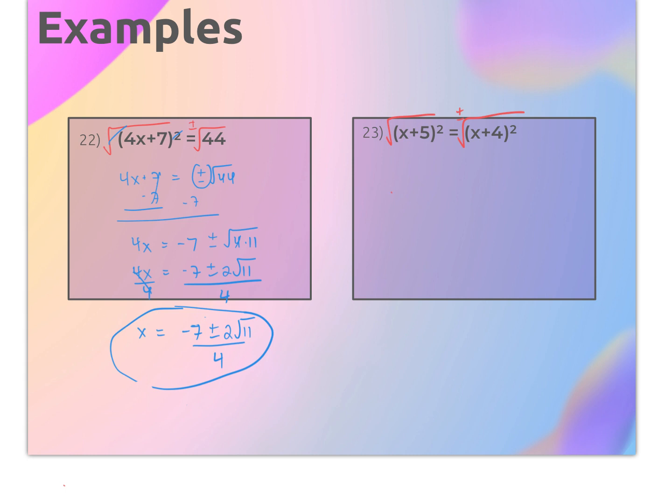So what you're going to end up with is x plus 5 on the left, right, equals the positive and negative of x plus 4, okay? So again, that's the setup. However, we're not going to keep going and do this any further. We're going to stop right here and leave it at that, okay? So this really isn't a problem that I want you worrying about. We're skipping this one for now. We'll get to problems like this in the future, but so far that's it.